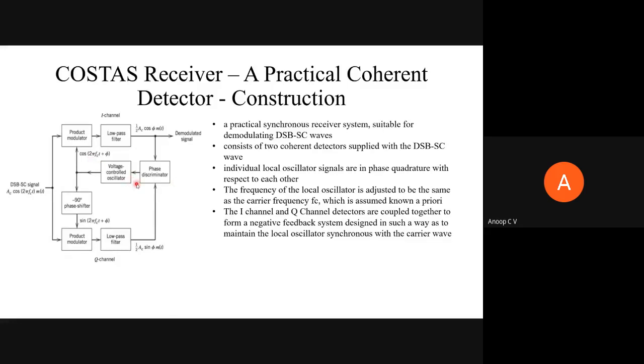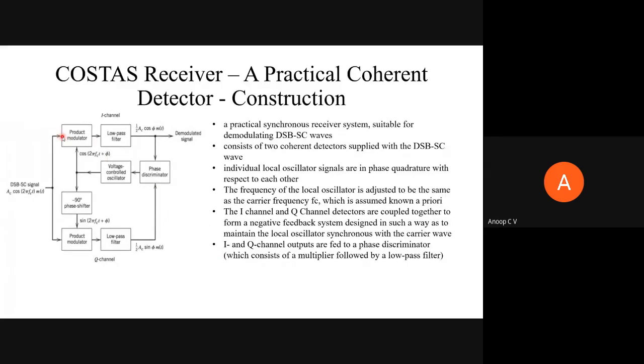That is the construction. The I and Q channel outputs are given to a phase discriminator, which consists of a multiplier followed by a low pass filter.